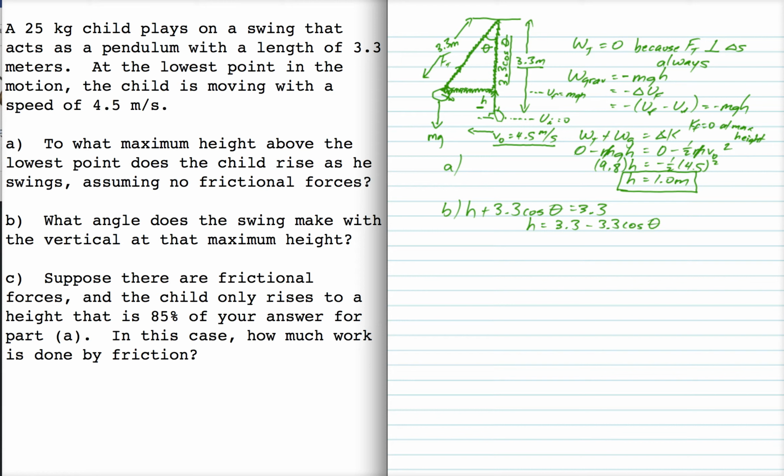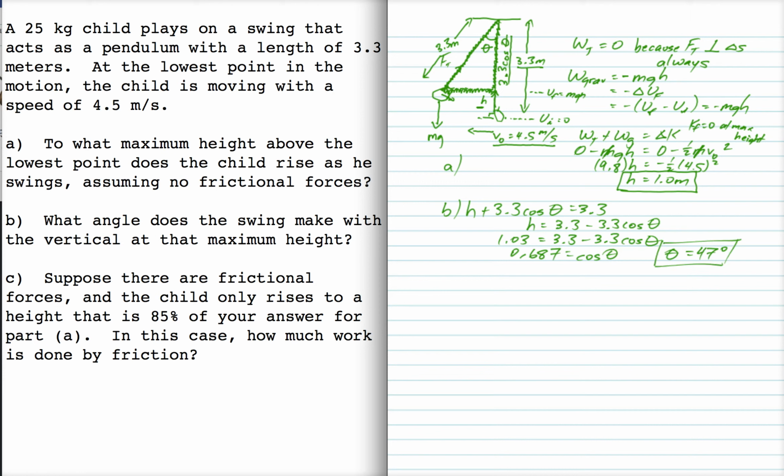Well, I've solved from the last part that h is 1.03 meters, if I maintain all of my precision here. And so, if I go through and I solve this for theta, I get 0.687 is equal to cosine theta, and so theta is equal to 47 degrees.